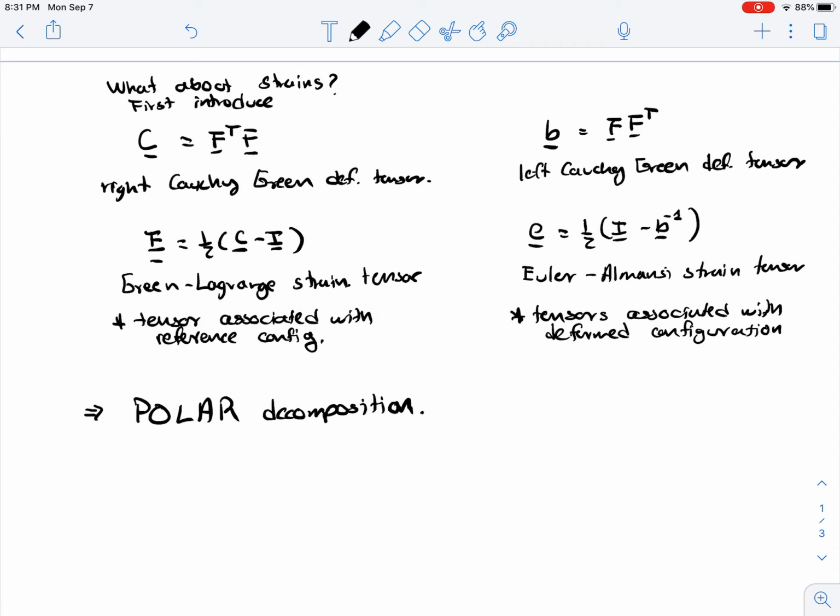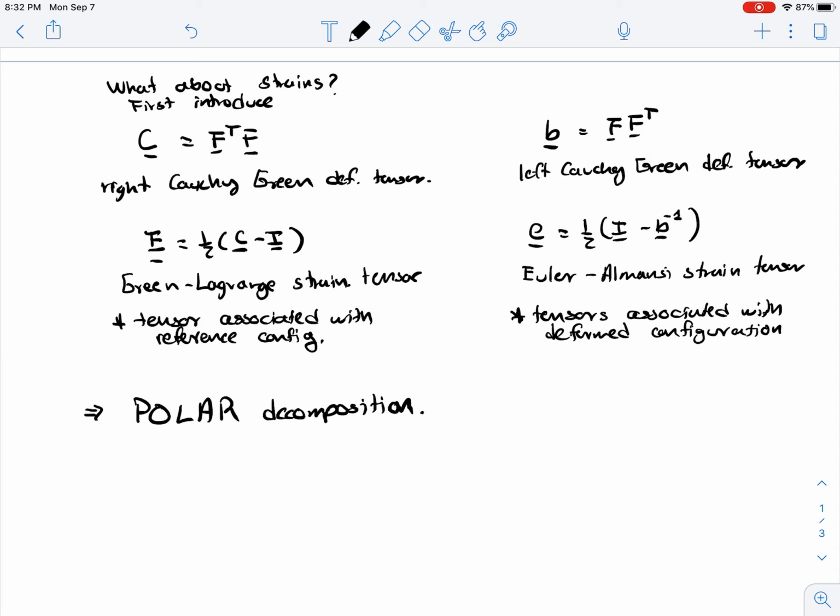And that just means that F we can split into different tensors. You have probably done this when you were doing linear algebra. You can split a matrix in terms of, for example, the QR decomposition, which is basically what we're doing now, or diagonalize the tensor, or the Cholesky decomposition.